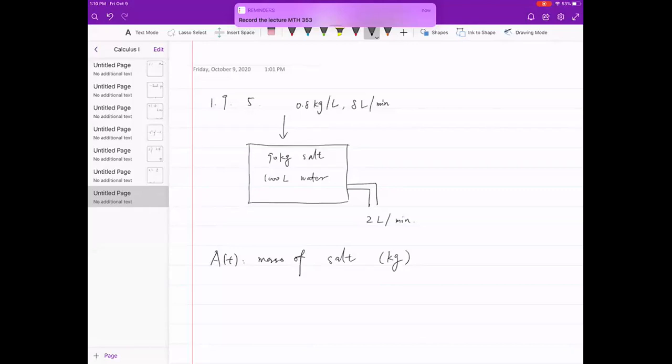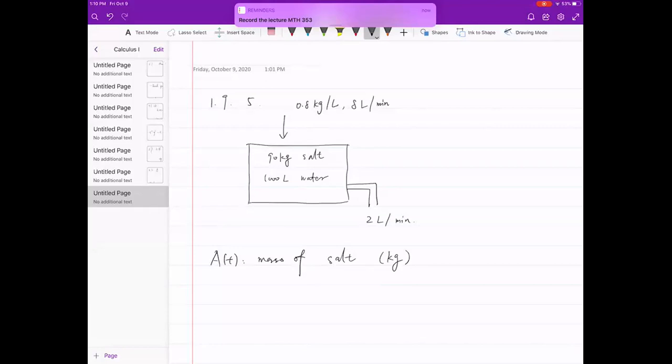First thing is I received a question from number 5 in WebWork 1.9. Basically, what you have here is a container. You start with 90 kilograms of salt in 1,000 liters of water. Then you start pouring in salt water at 8 liters per minute, with a concentration of 0.8 kilograms per liter.